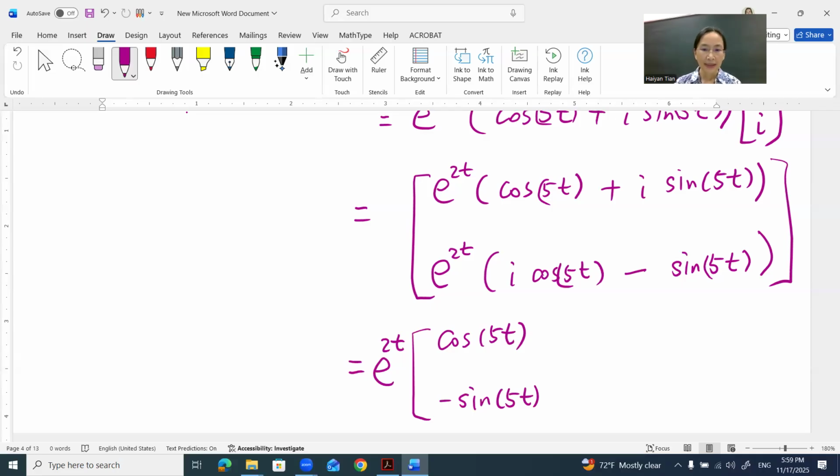So this is the real part. For the imaginary part, there's an I, so I put I here, then times sine 5t and cosine 5t.